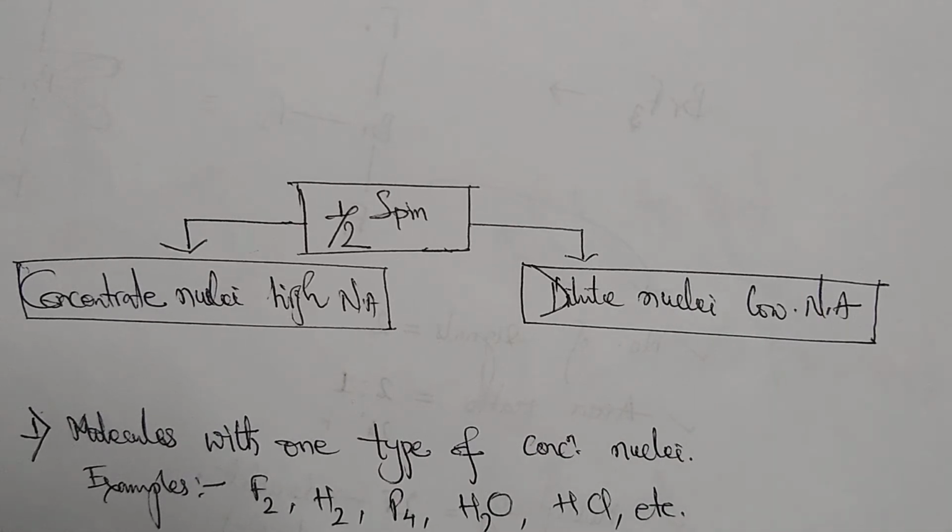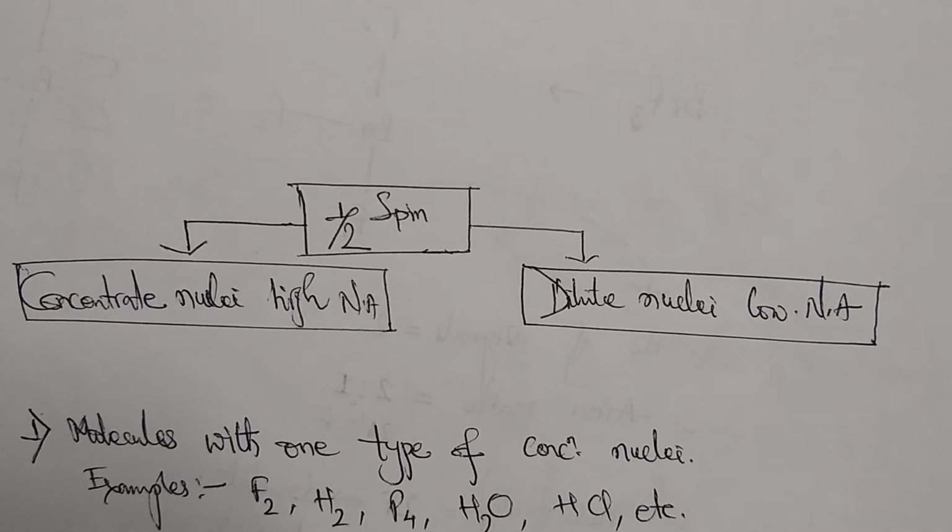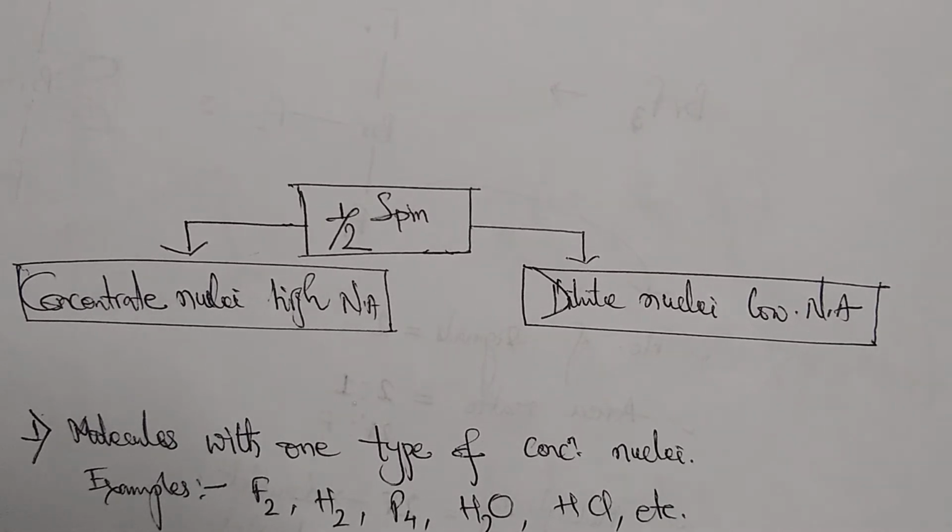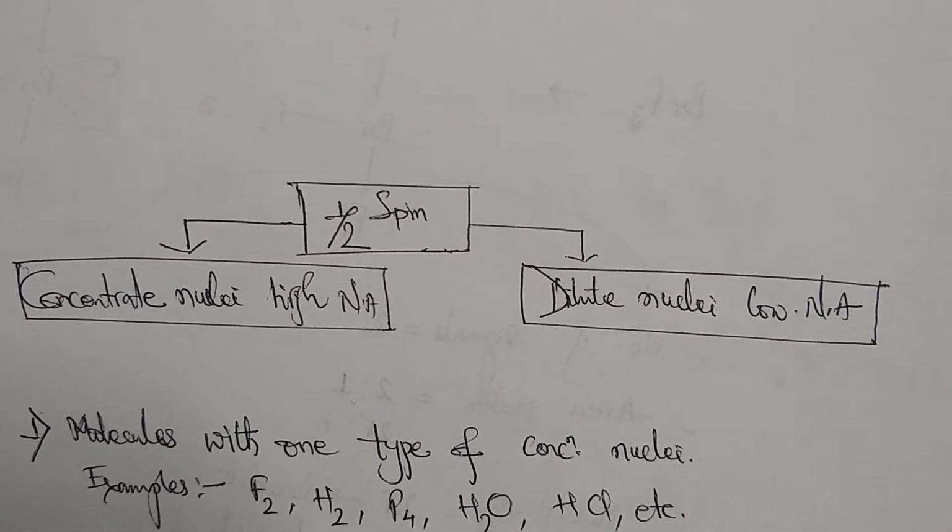On the basis of the different types of magnetic nuclei present in the molecule, we can classify all the molecules into 7 categories for stepwise learning of heteronuclear, that is multinuclear, NMR.